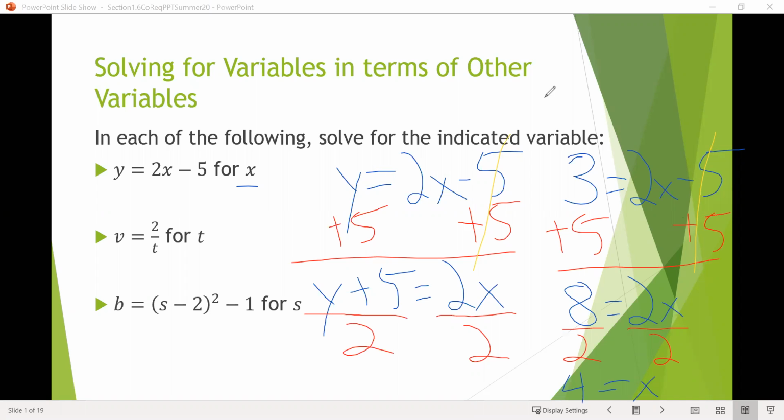Okay, so not just the y, or not just the 5, we divide everything by 2. Okay? And again, the 2's there will cancel. And so our answer for x will be x equals what we have left on the left-hand side, which is y plus 5 over 2. Okay? And that would be our answer for x.